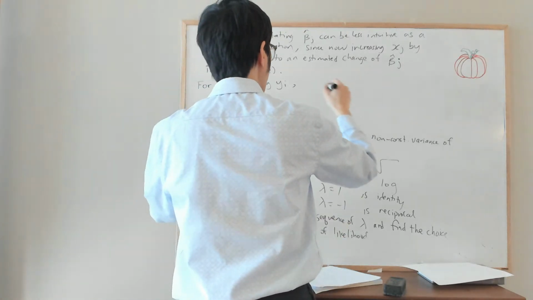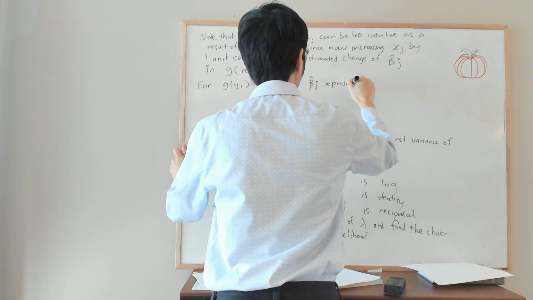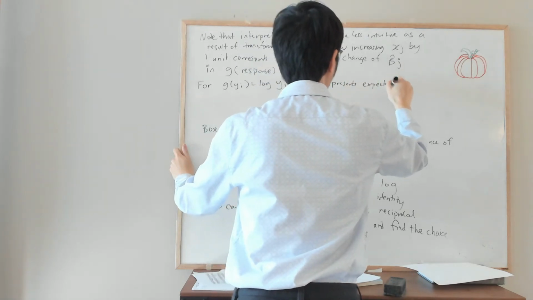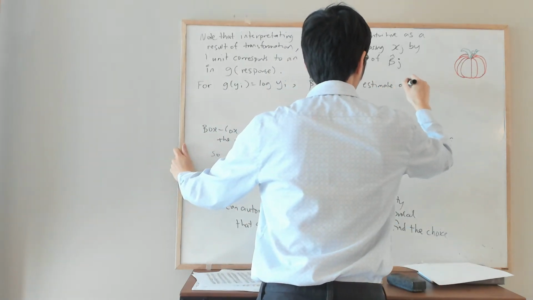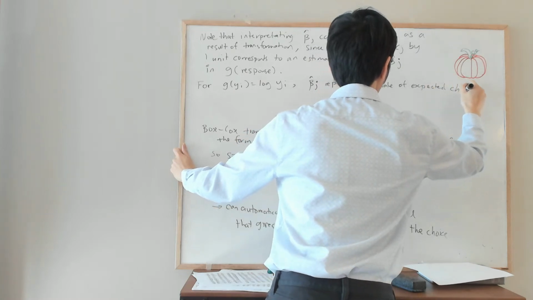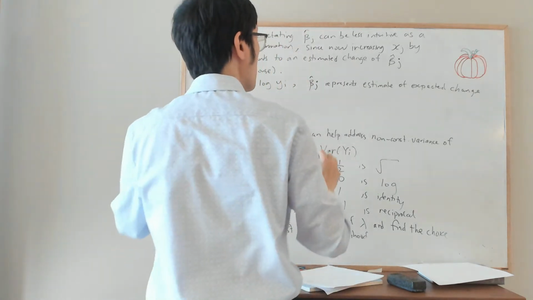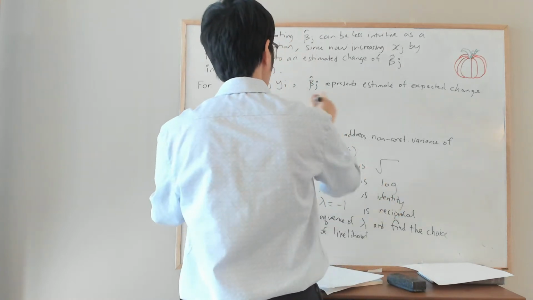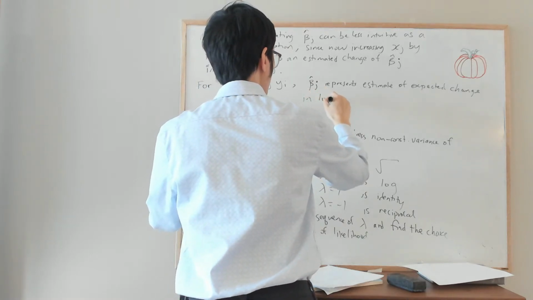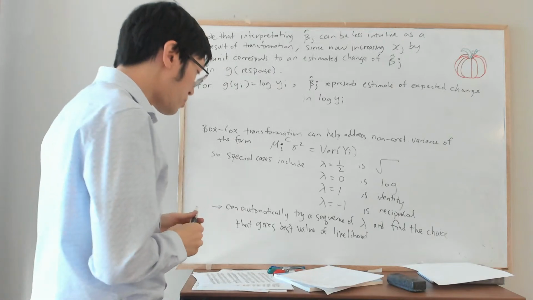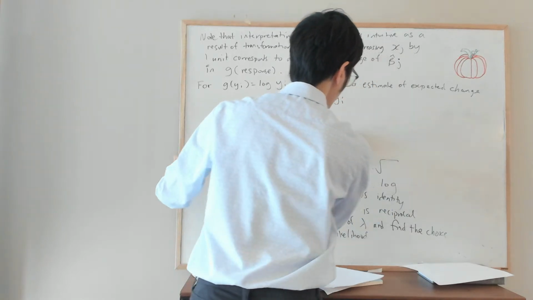Now the beta hat j represents the estimate of expected change in the log scale, which is equivalent to a multiplicative change.